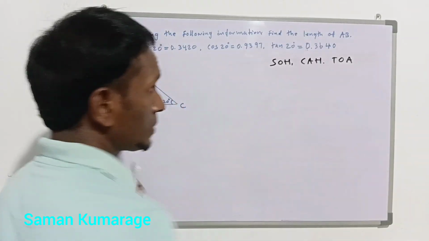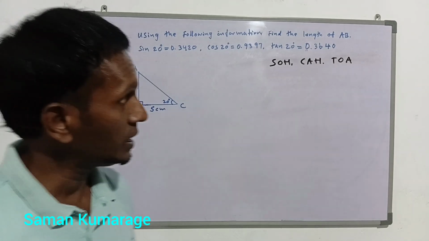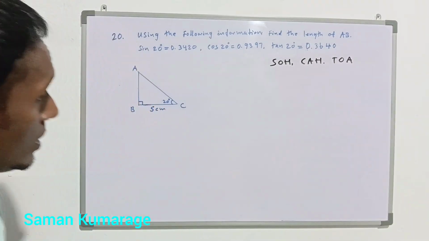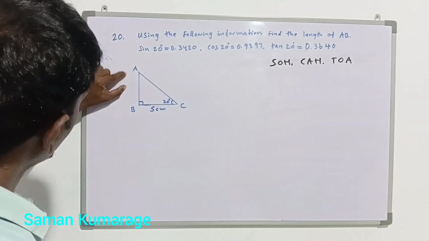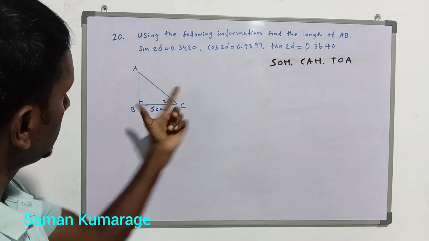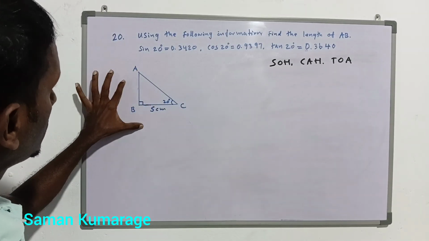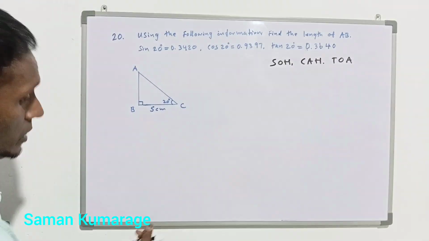These are the short forms of three ratios we have already studied in trigonometry. Okay, let's see. First we need to know the three sides. If we know the names of three sides, it is easy to solve this question.